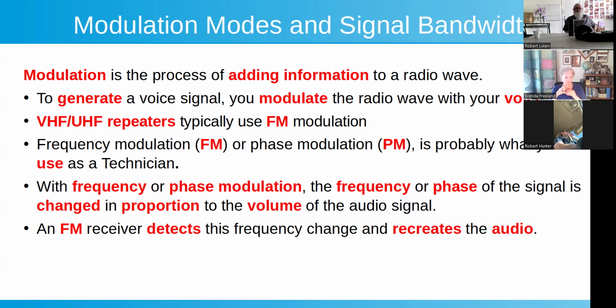In some cases, maybe phase modulation, but mostly you'll be dealing with frequency modulation with a handy-talkie and a repeater, or point-to-point from handy-talkie to handy-talkie. What that means is you change the frequency of the carrier signal in proportion to the amplitude of your voice, and the rate at which it changes will be proportional to the frequency change of your voice.